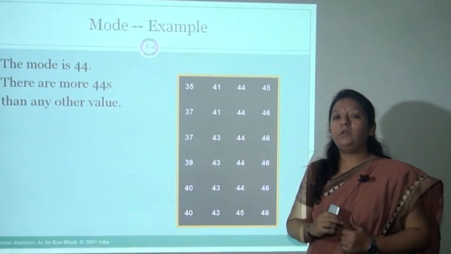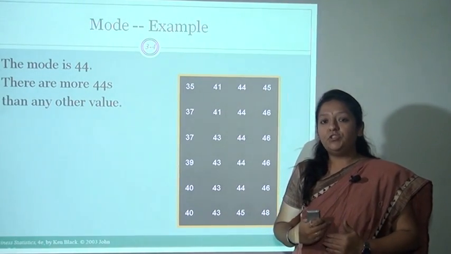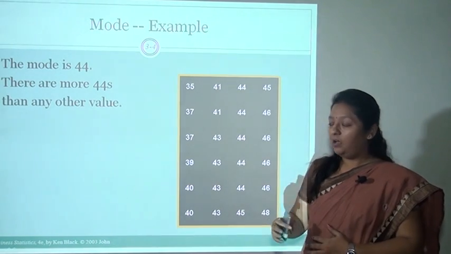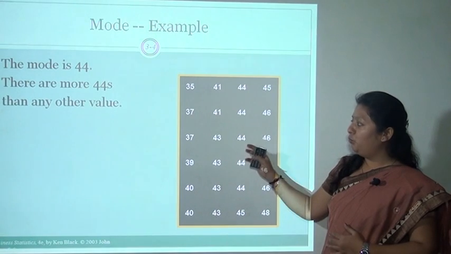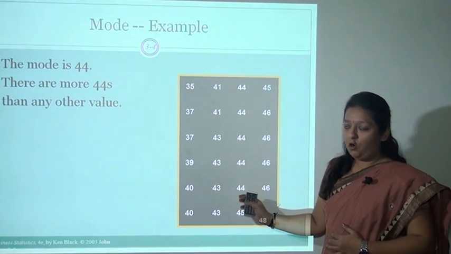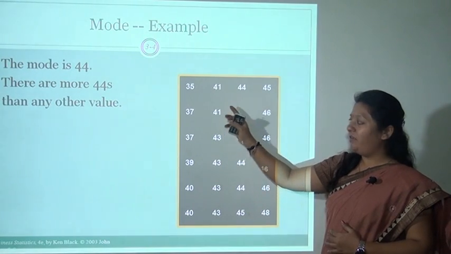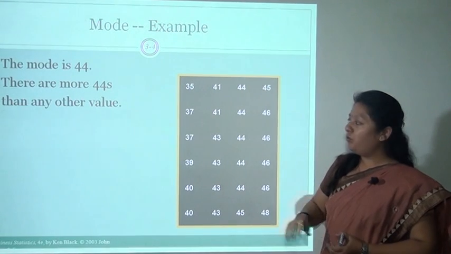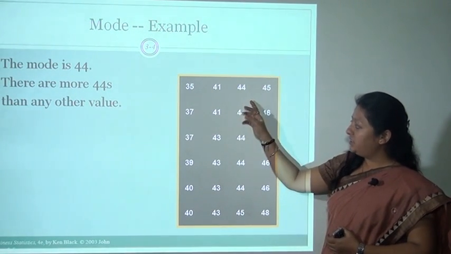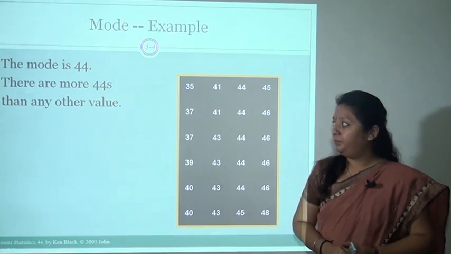The mode is defined as the value which is most occurring in the data set. Here we have a data set with 12 to 15 observations. The mode is going to be the value with the highest occurrence. So here the mode is going to be 44 because it is occurring more than 4 times. That is why it is our mode.